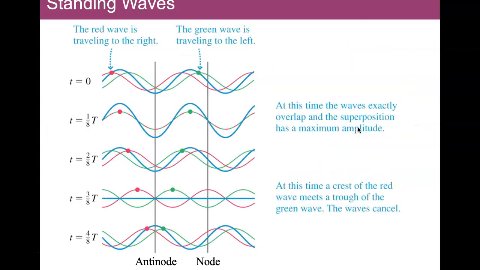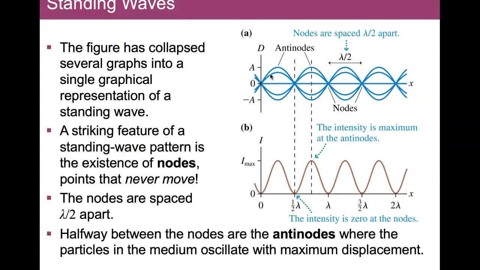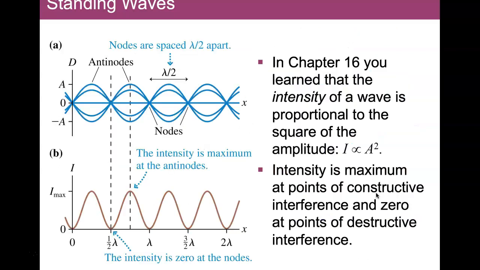So this envelope here is really an envelope for the amplitude for the oscillation at any point. Therefore we have zero intensity at the nodal points and the maximum intensity at the antinodal points.